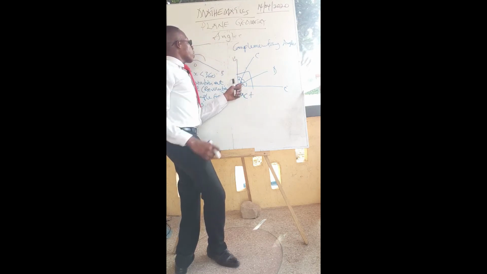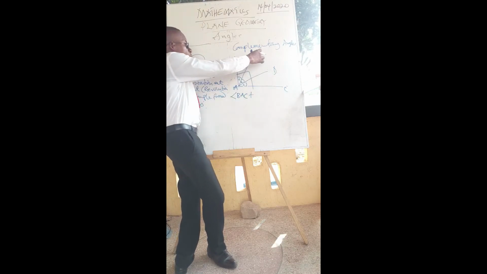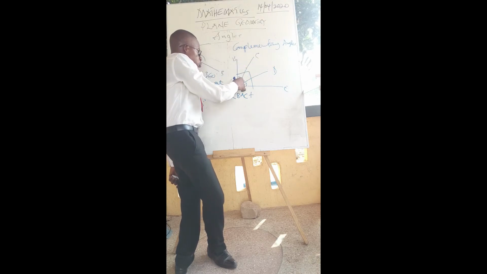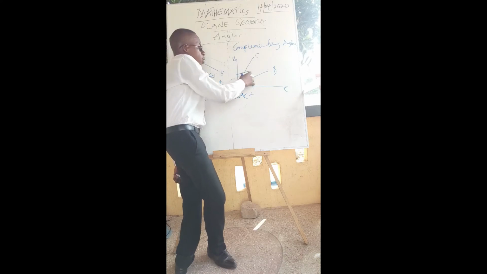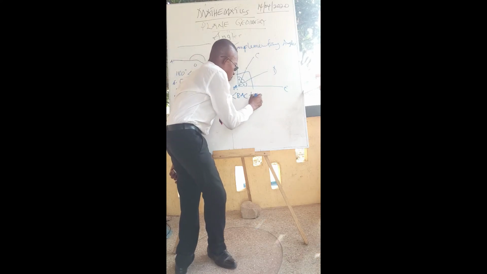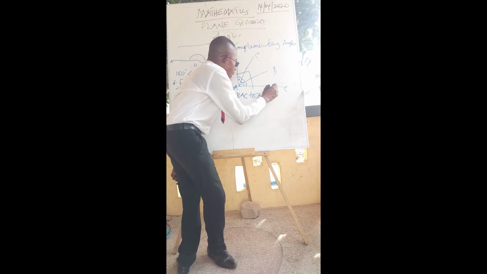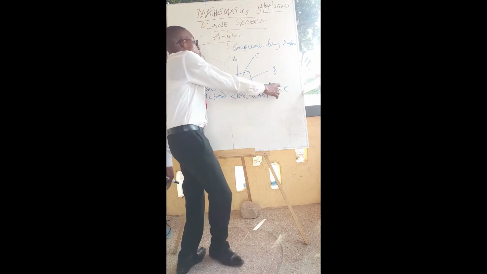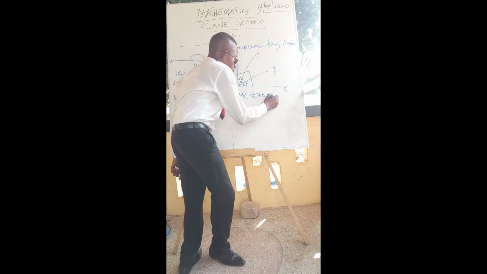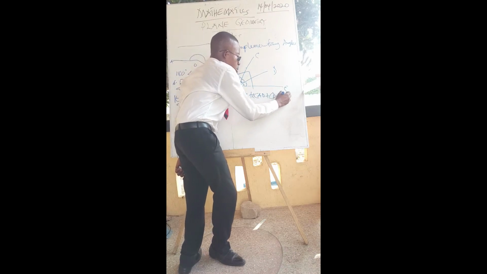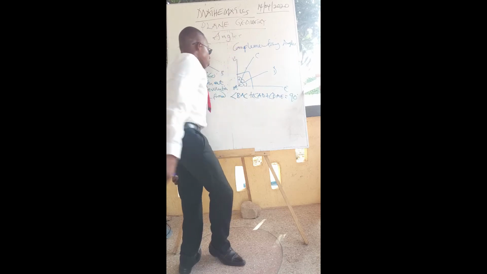Plus, when we are describing angle B, it should be this line, C to A, then A to what? D, meaning CAD. Angle CAD. Plus, when we are describing this one, it will be angle D to A, and then A to what? E. Or she'll give you 90 degrees.